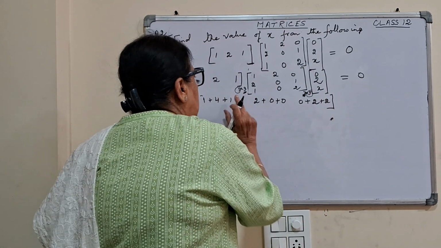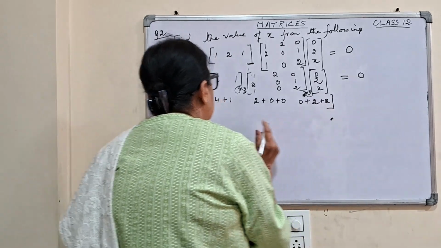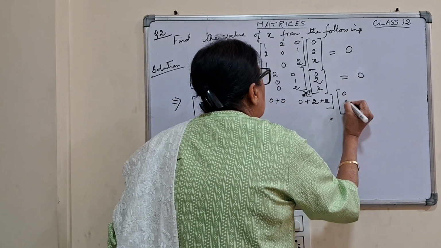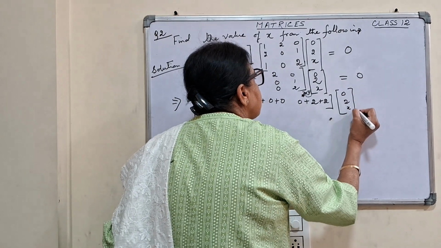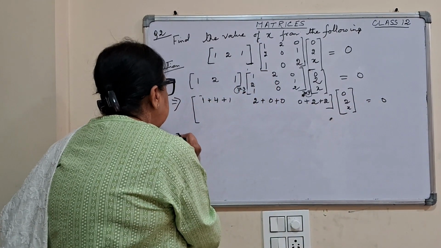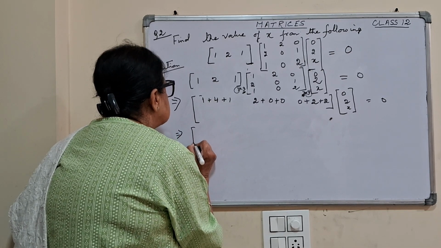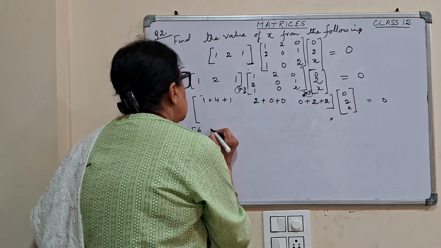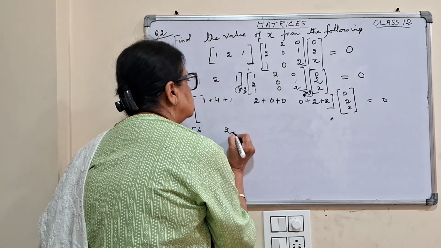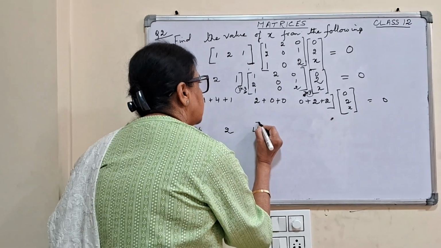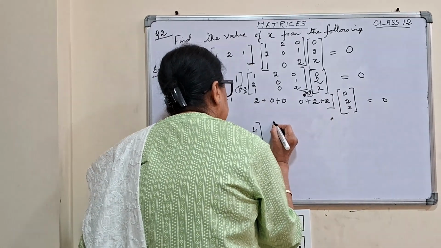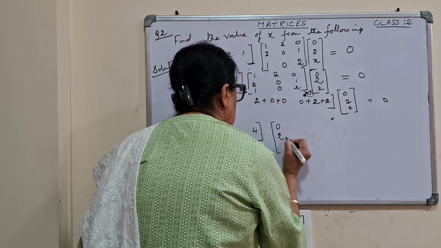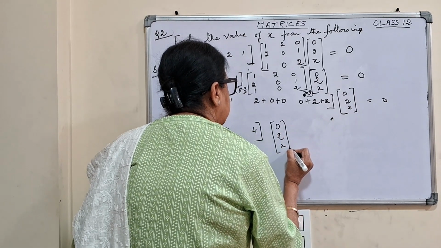That is one row and 3 columns I have got, into the column 0, 2, x, that is 0. It implies 6, 2, 4, into 0, 2, x is equal to 0.